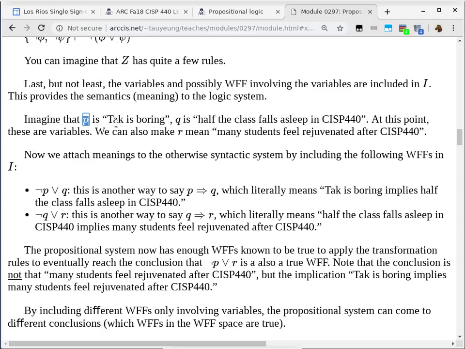Once again, we know the expression is true, but we don't know the truthfulness of each individual variable. Is that okay?